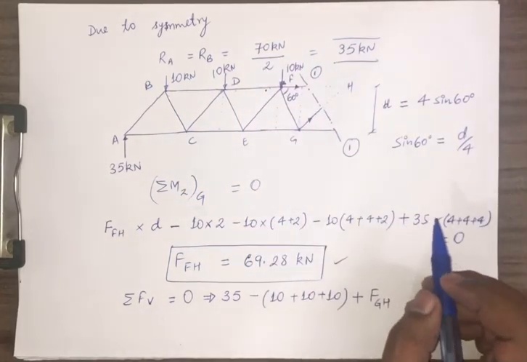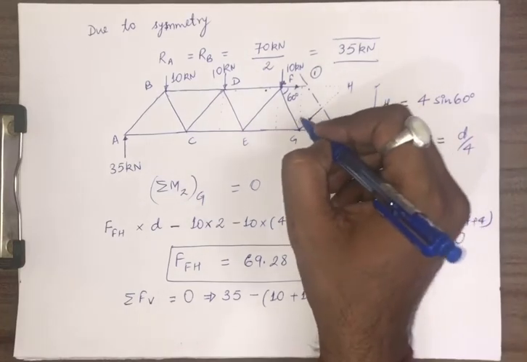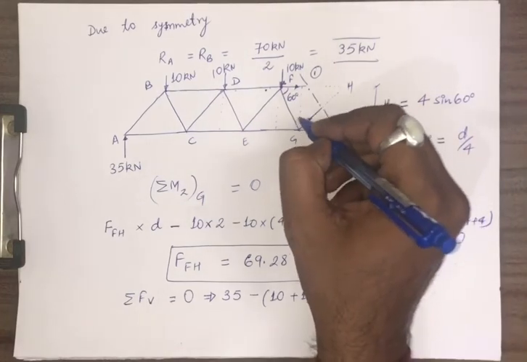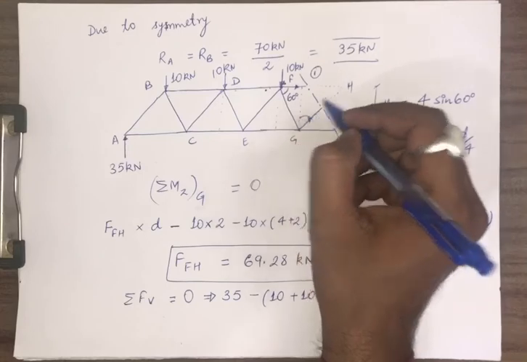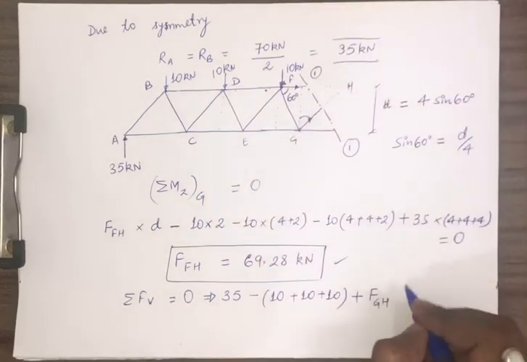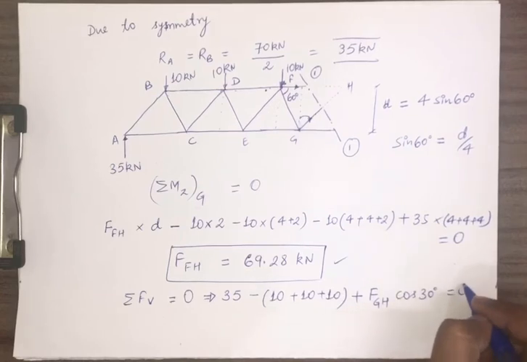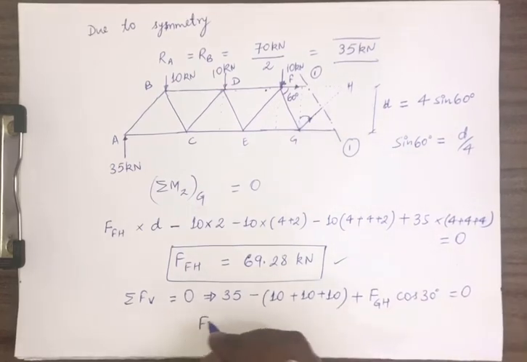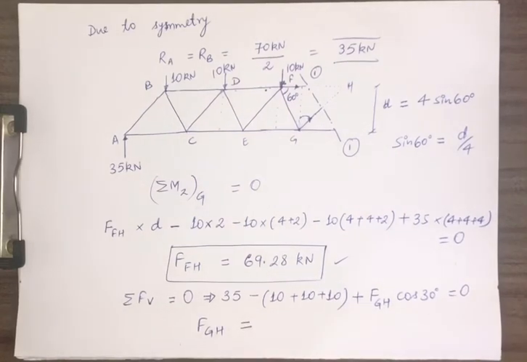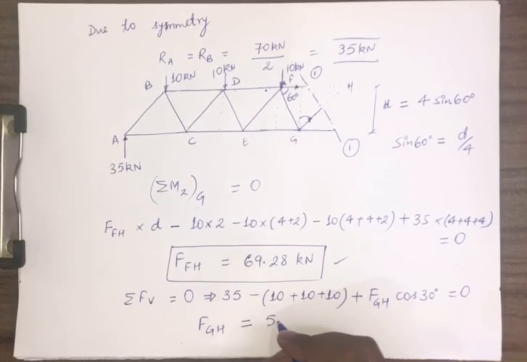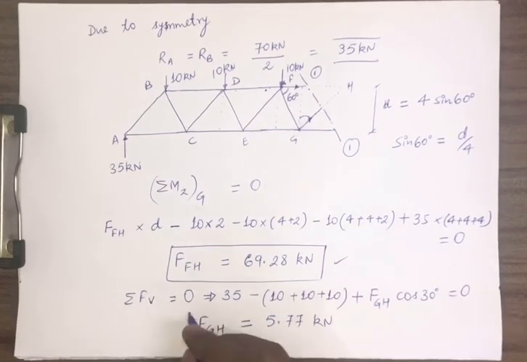Clear? Why? Because this is totally 60, so this will be 30, so cos 30 is equal to 0. So F_GH is coming out to be 5.77 kilo Newton.